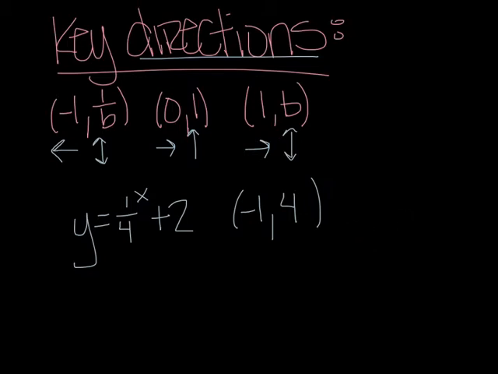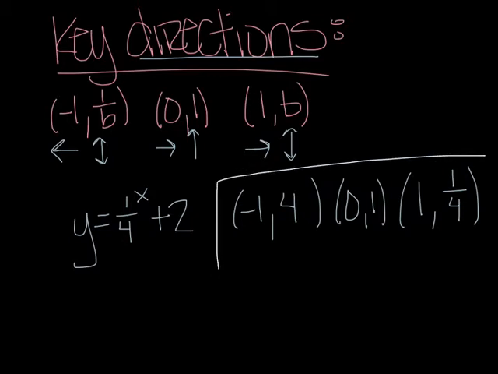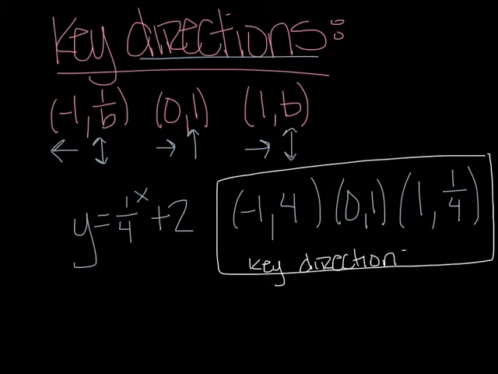Okay, my next key point is 0, 1. And my last key point is 1, b. Our b value in this case is 1/4. So I'm going to use these key directions to graph. And remember what the key directions tell me.